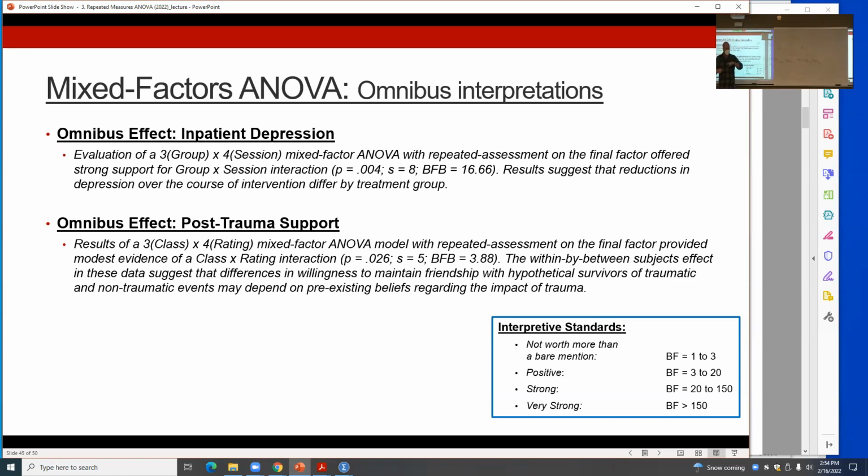This isn't any different than what we were doing early on with our factorial ANOVAs. There, when it was all between, we were still saying this is differences in factor A collapsing across factor B, this is difference in factor B collapsing across factor A, and these are the differences in the cell means. It's all the same stuff. We're just adding in different factors. So the trick is keeping track of what's what, where things are going, and what things mean.